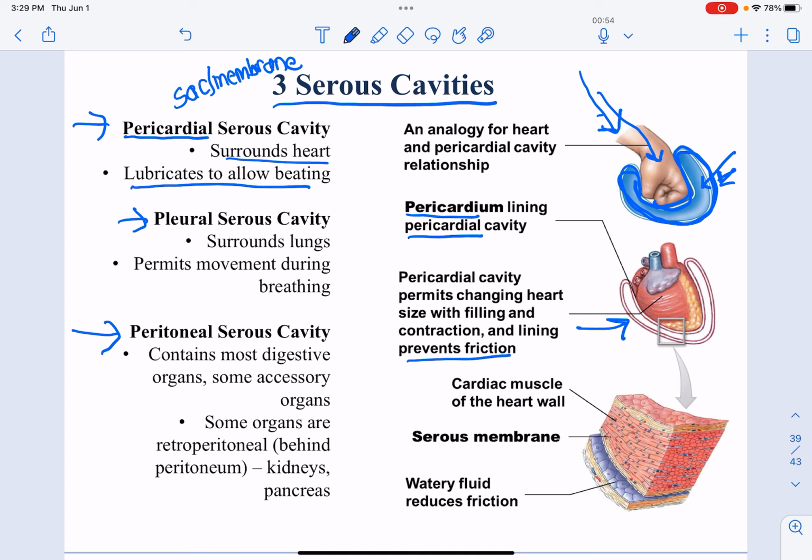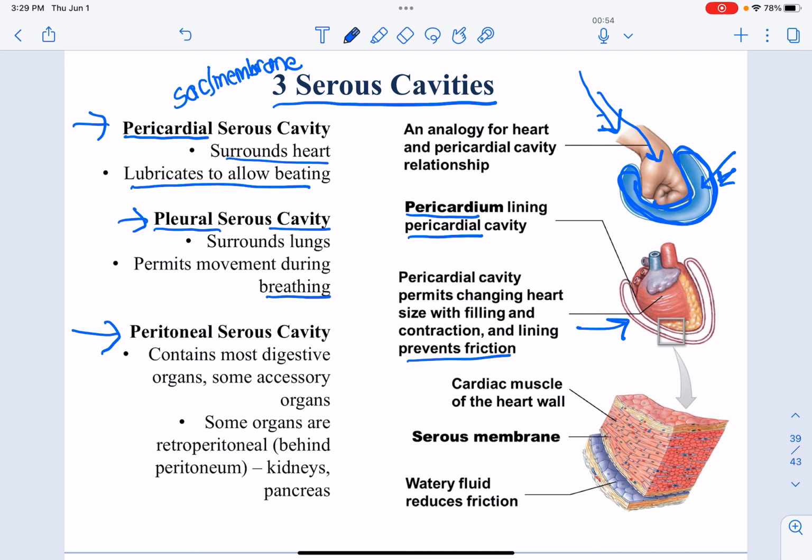The lungs sit in the pleural cavity, which surrounds the lungs. The lungs are moving and expanding as we take in air while we are breathing. So this pleural serous cavity helps to prevent friction when the lungs move.